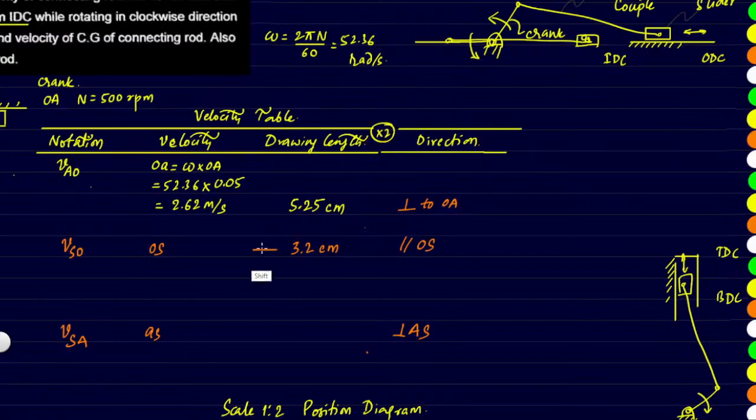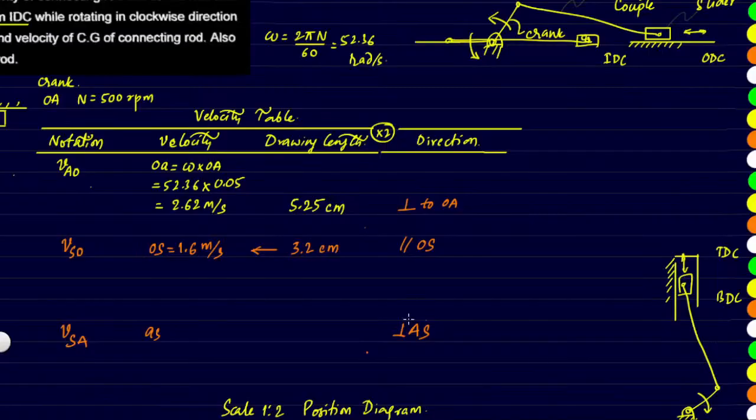So now to convert it back, because we are coming from the right side to the left side, we will have to divide it by 2. When we divide 3.2 by 2, we get 1.6, and the unit here will be meters per second. This is how we can convert drawing length to velocity. Every time we want to convert drawing length to velocity, we divide by the scale, and every time we want to convert velocity in meters per second into a drawing length, we multiply with the scale.